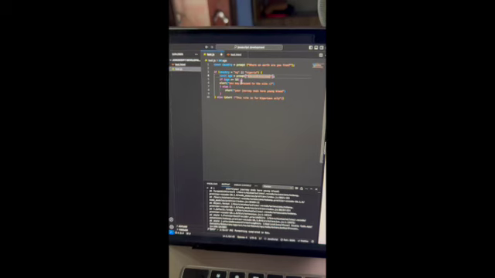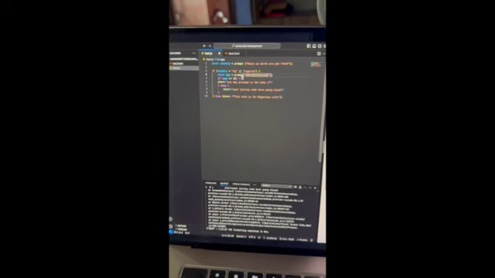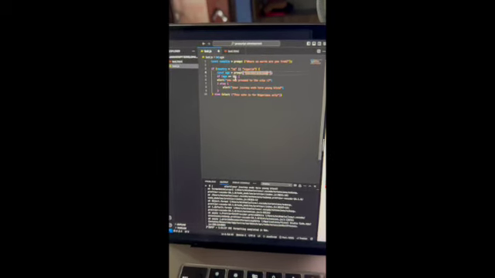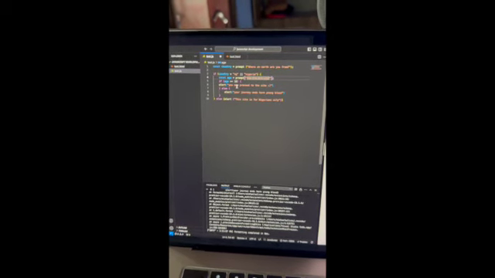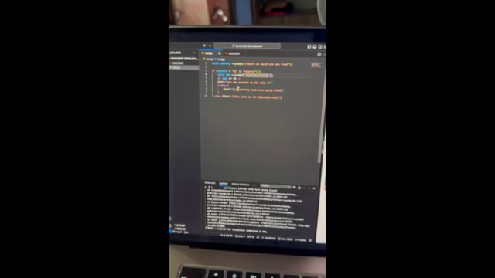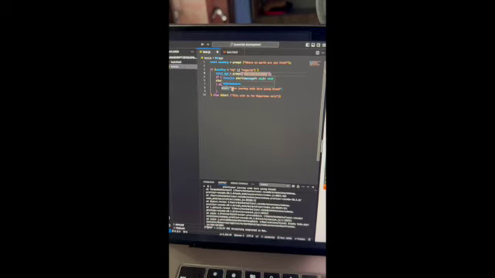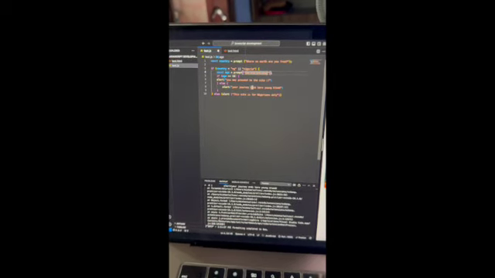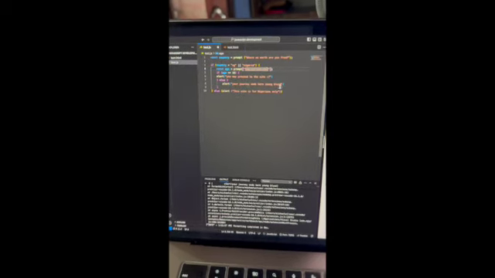And then if the user is above 18, then we're gonna allow them to proceed to the site. If the user is below 18, then we're gonna be like, your journey ends here, young blood.